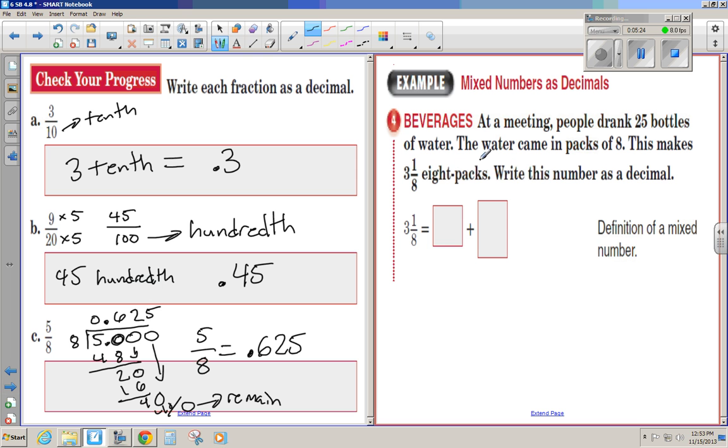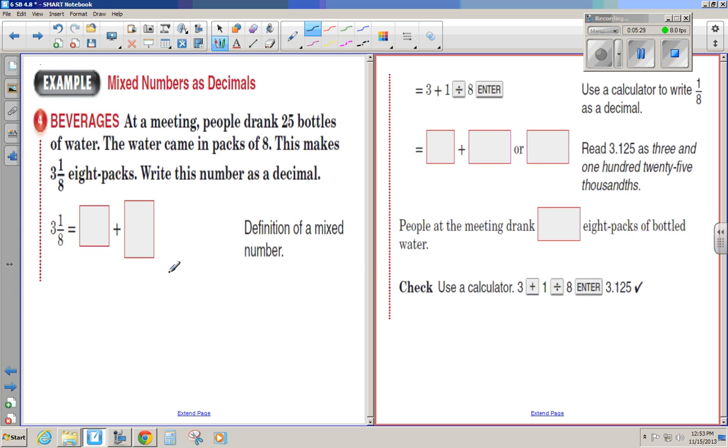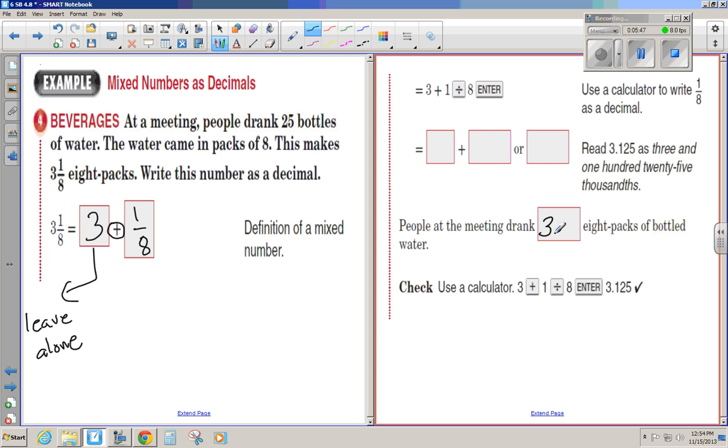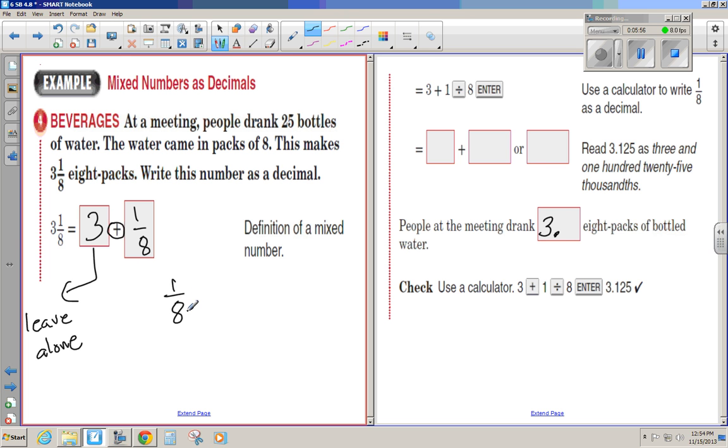Writing a mixed number as a decimal. Well, you should be able to notice that 3 and 1/8, that's 3 and 1/8. The whole number you leave alone, right? You know your answer is going to be 3 and something. So all we have to look at is the 1/8 part.